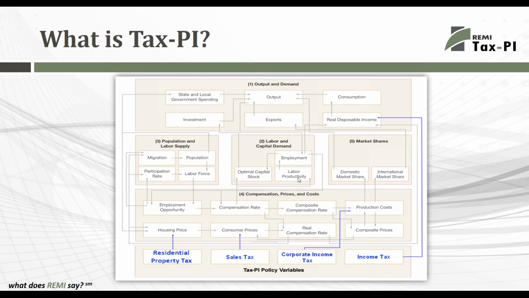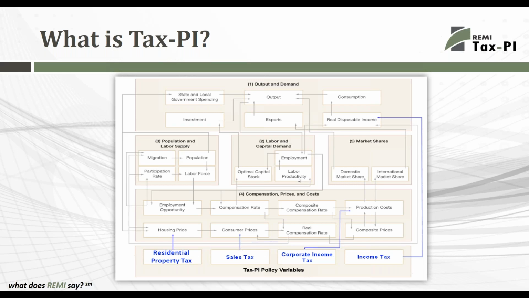So there's a difference between optimal capital stock and the level of capital stock the region has. So the difference must be filled by new investment, the amount of new investment that should be required for the future.